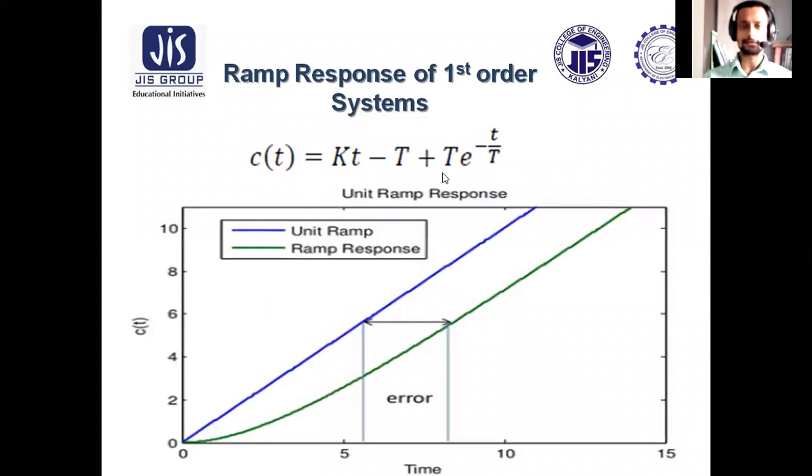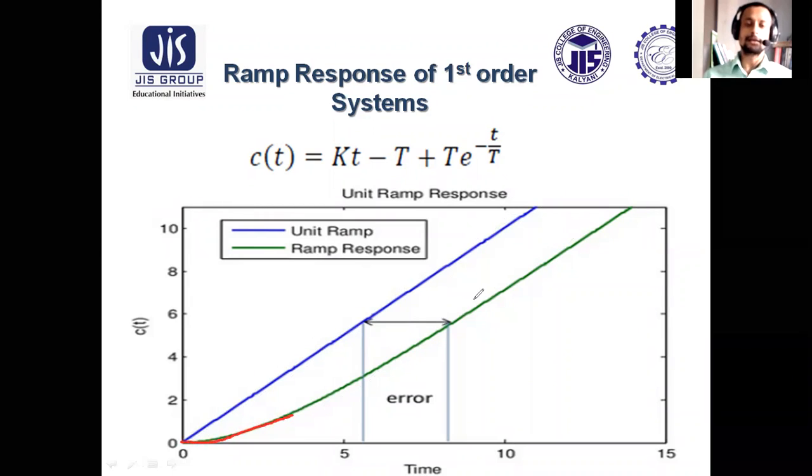So this is the equation for the output due to application of ramp input. This blue straight line shows the unit ramp input having a slope of 1. So whenever a unit ramp input is applied to a system, it is desired that the output will follow this ramp function, but somehow the output follows this green line.